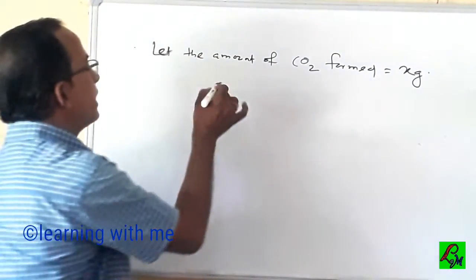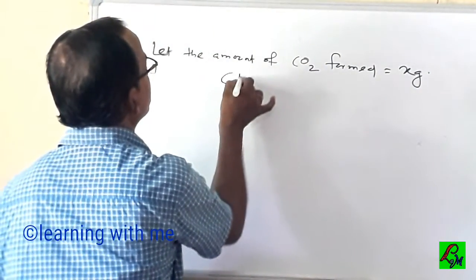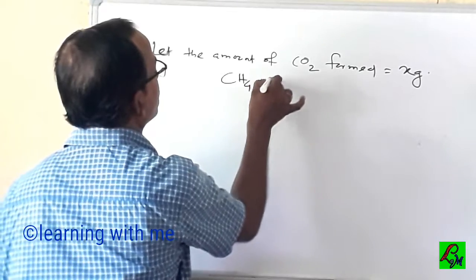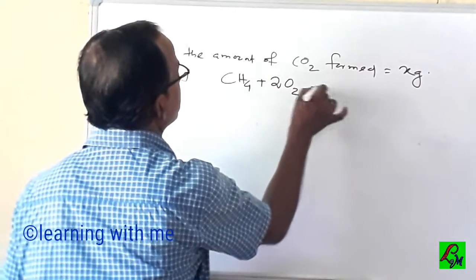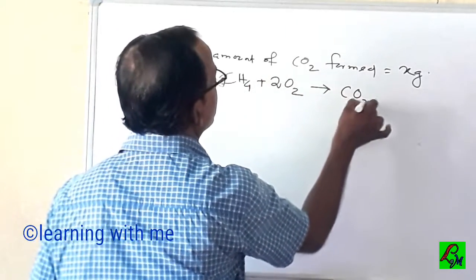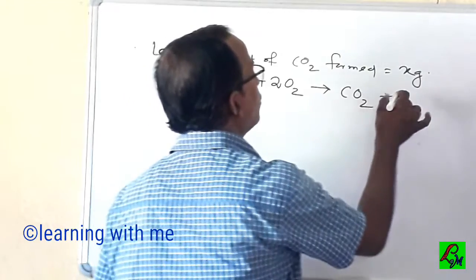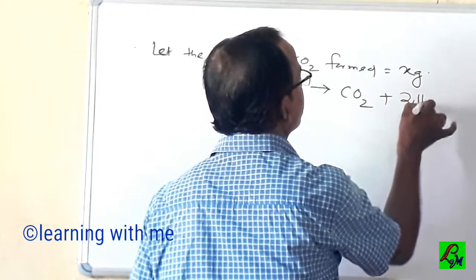Again write down the equation: CH4 plus 2O2, after balancing, gives CO2 plus 2H2O.